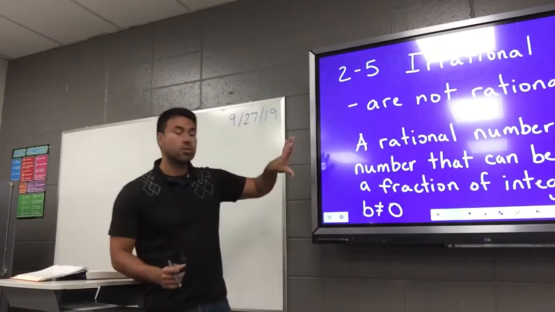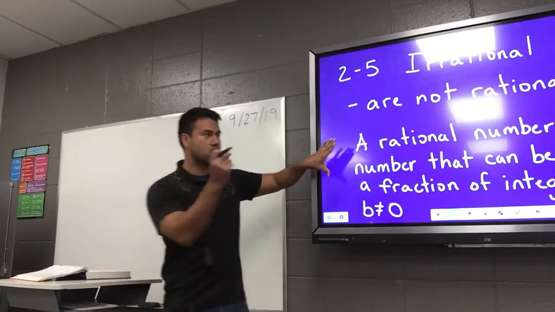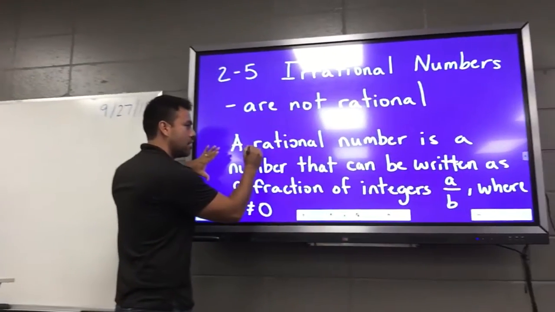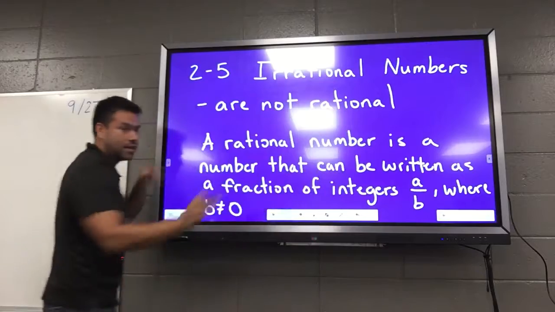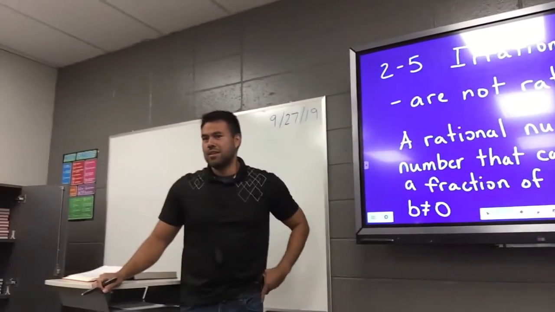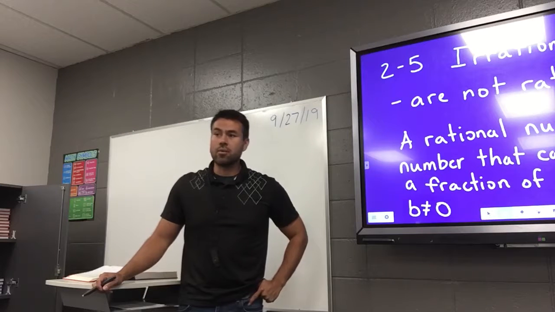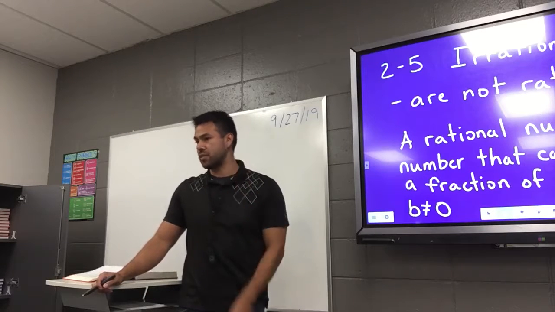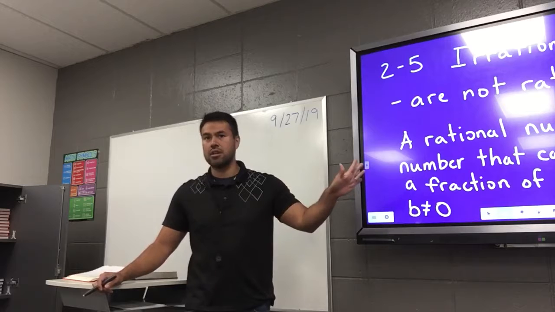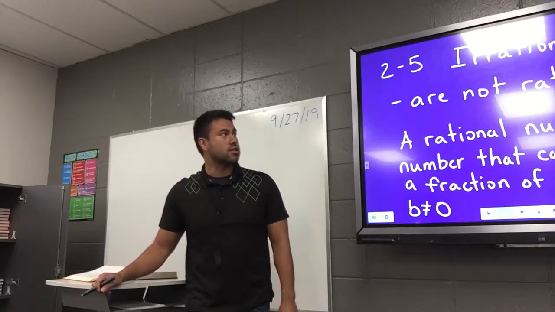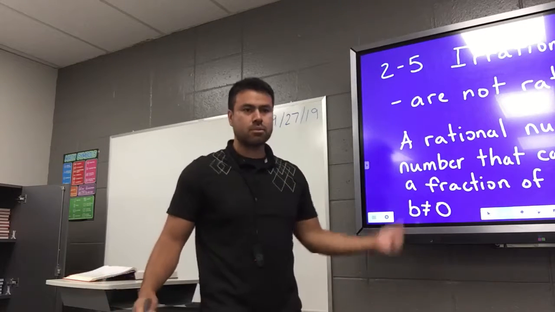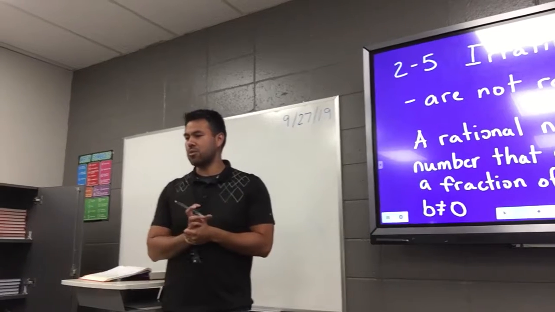If you know what a rational number is, hopefully you can change it to irrational. IR means cannot. Done. You're like, what does that even mean? There are some numbers that we've dealt with that cannot be written as a fraction of integers. You can't write it as a fraction. And those are considered irrational. So let's go through some examples. Make sure you write this down, and then we'll go through some examples.